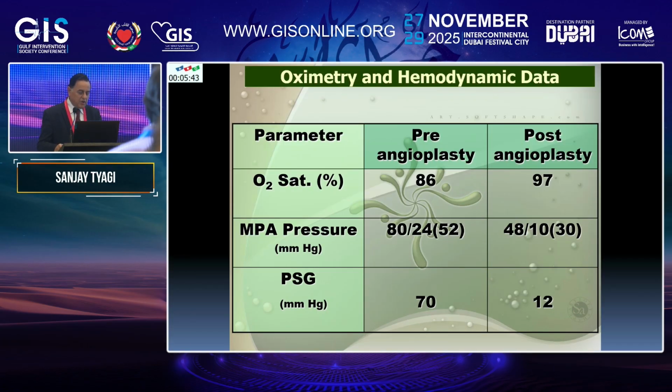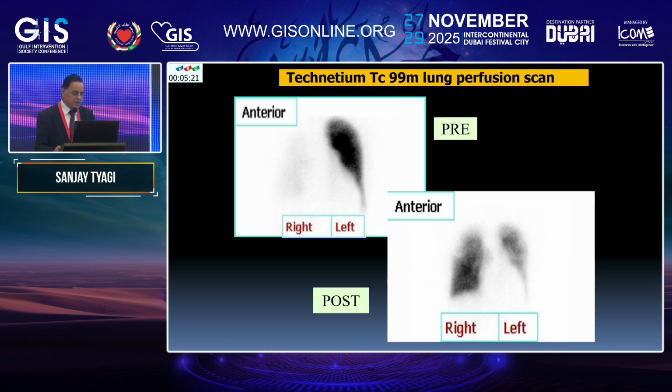The oxygen saturation pre-angioplasty was 86% peripheral arterial oxygen saturation, which improved immediately to 97%. The mean pulmonary artery pressure decreased from 52 millimeters of mercury to 30 millimeters of mercury, and the peak systolic gradient across the stenosis decreased from 70 millimeters to 12 millimeters across the stenosis.